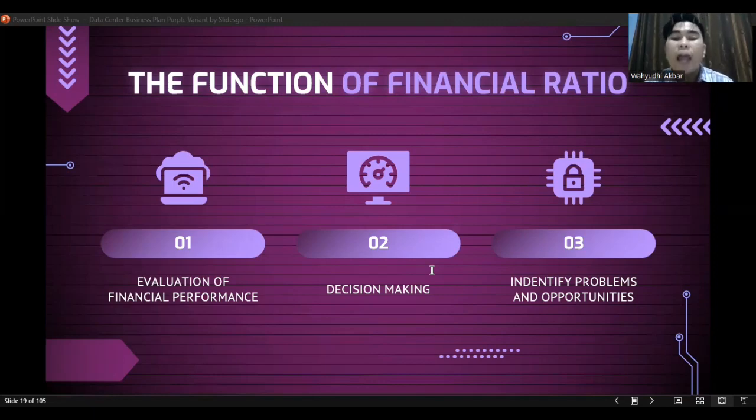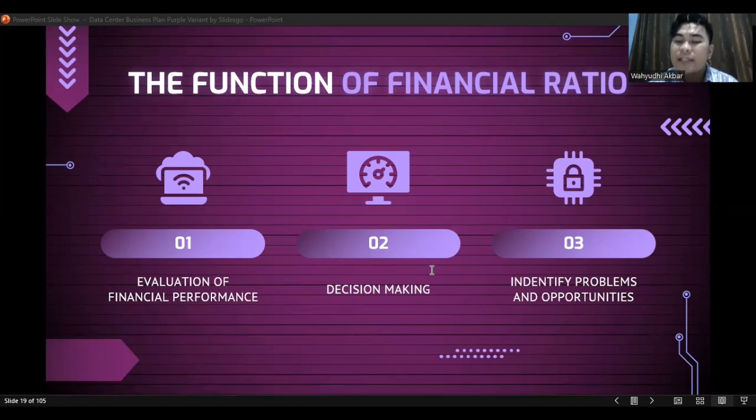The first one, evaluation of financial performance. Financial ratios help in evaluating the financial performance of a company over a period of time. They provide information on the extent to which the company has achieved its financial objectives.